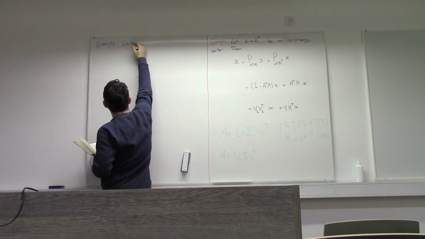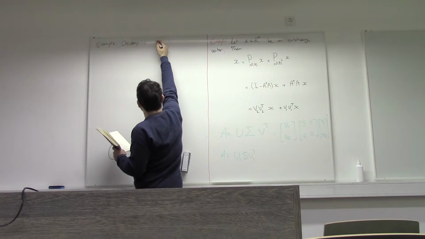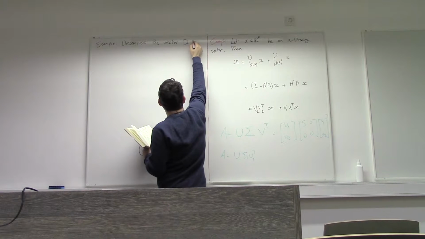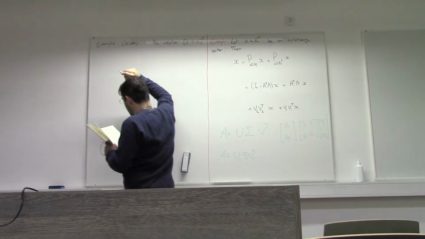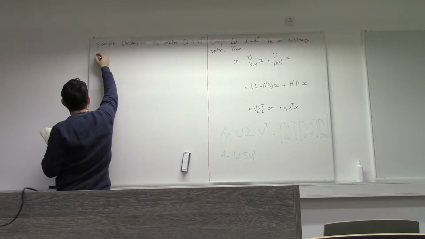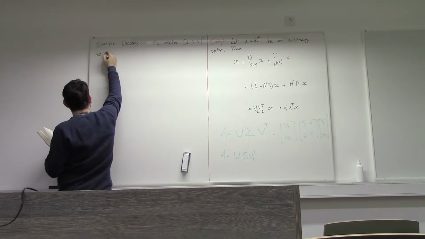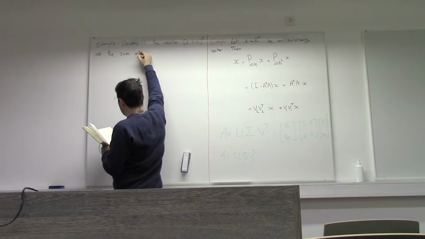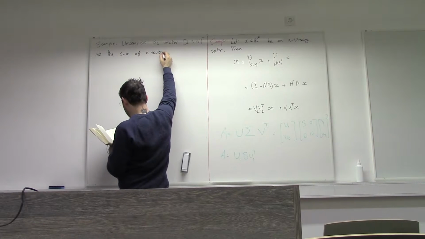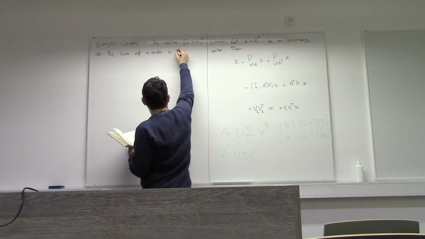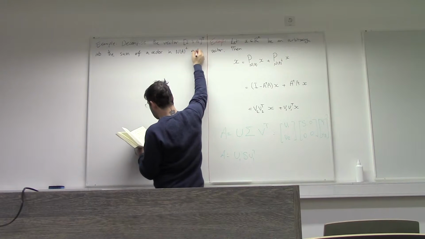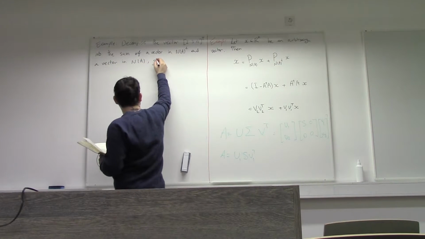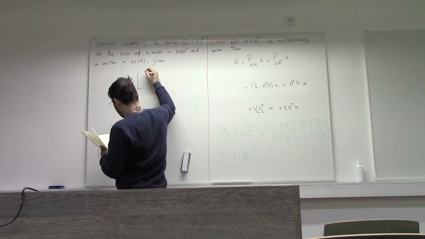Decompose the vector 2, 3, 4 into the sum of vectors, a vector in the null space orthogonal complement and a vector in the null space, given A is as shown.